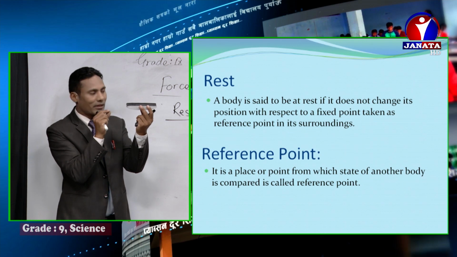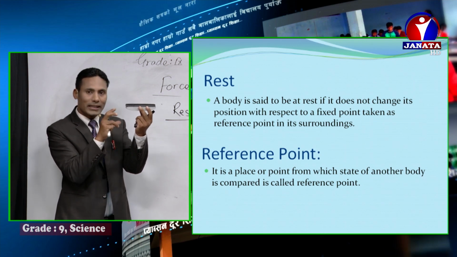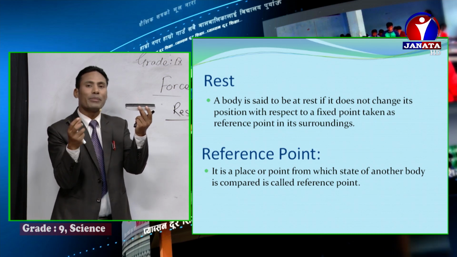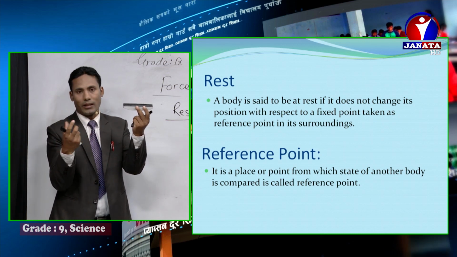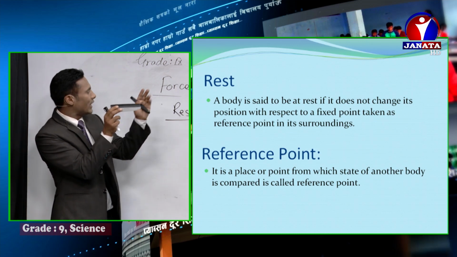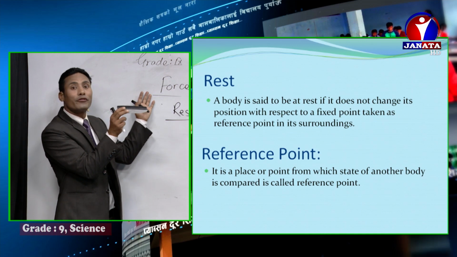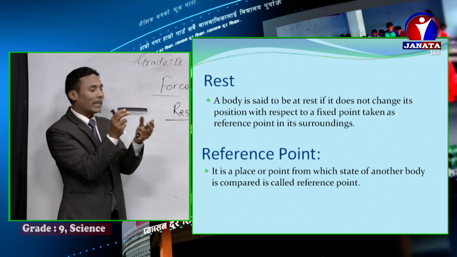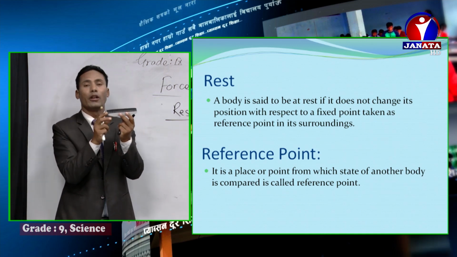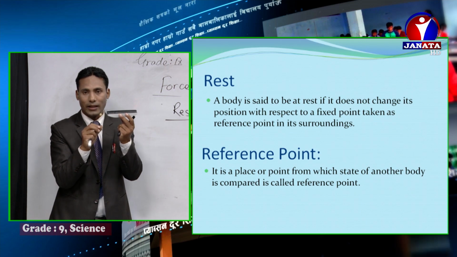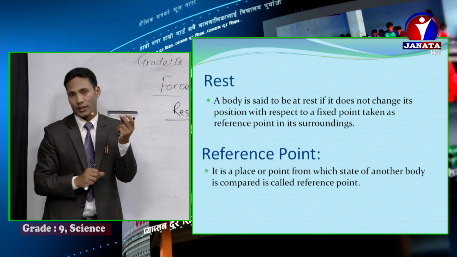So what I have said is, if the object is not changing its position with respect to some reference point, previously I said this duster is not changing its distance with respect to this board, so this board is the reference point, right? Then it is said to be at rest.